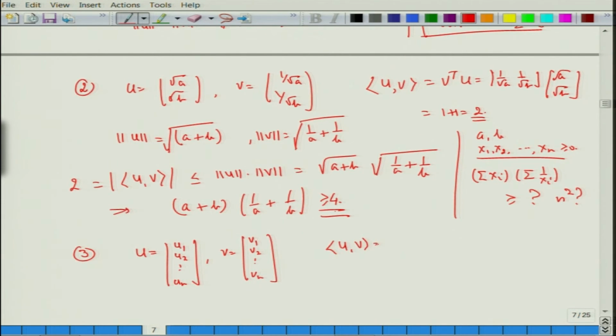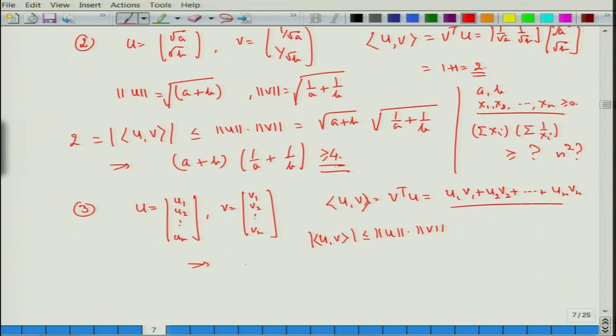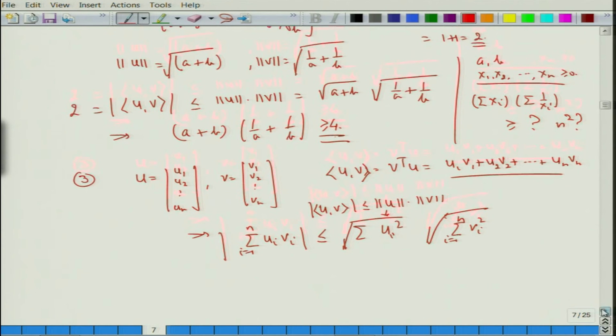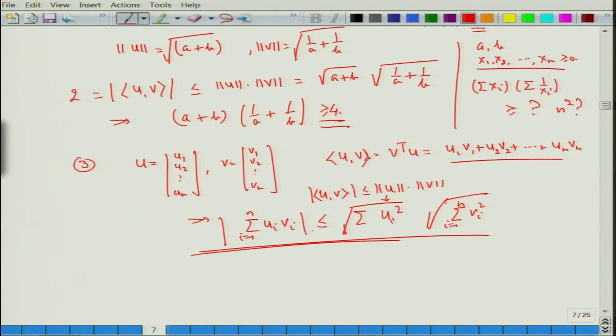So UV is equal to V transpose U, which will be nothing but U1 V1 plus U2 V2 plus ... plus Un Vn, and therefore this part is less than or equal to this into this, which implies that the absolute value of summation i going from 1 to n of Ui Vi is less than or equal to the square root of summation Ui square and again the square root of summation i going from 1 to n Vi square. All right, fine.